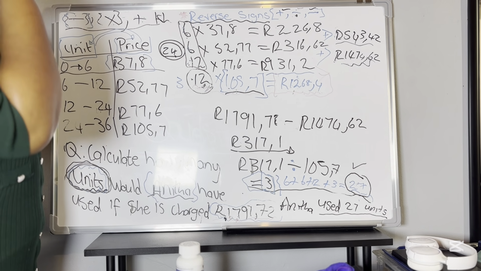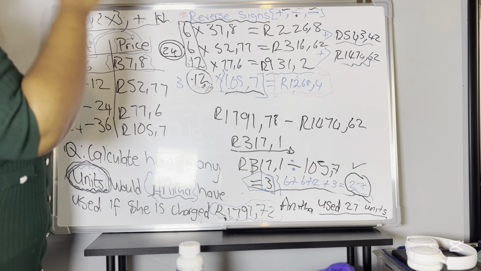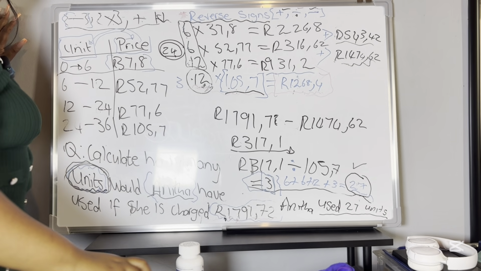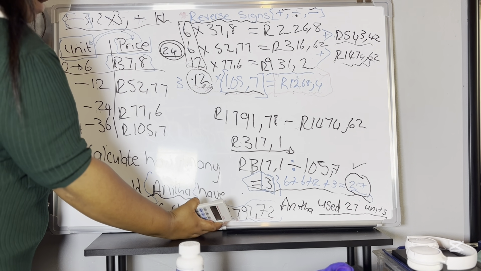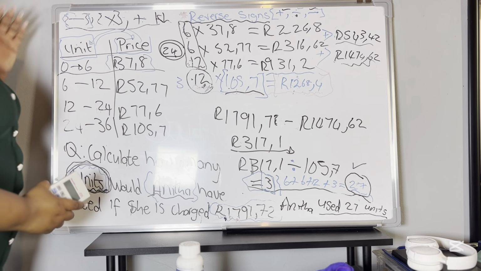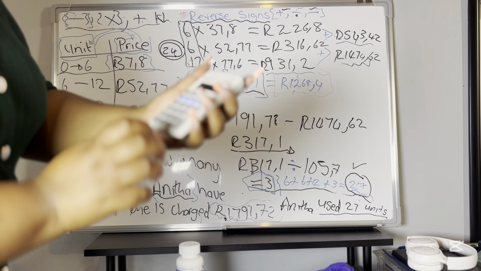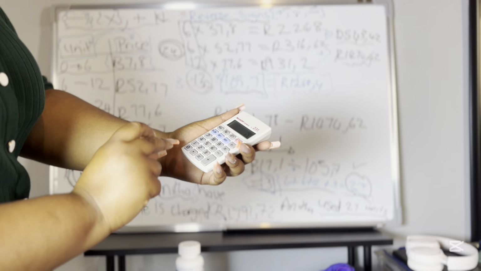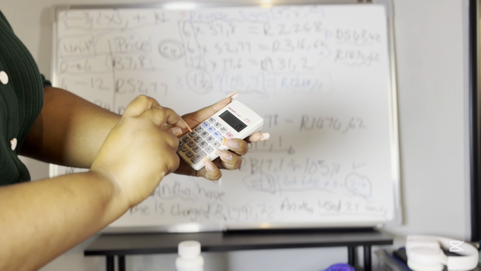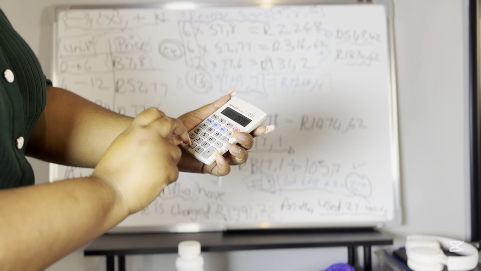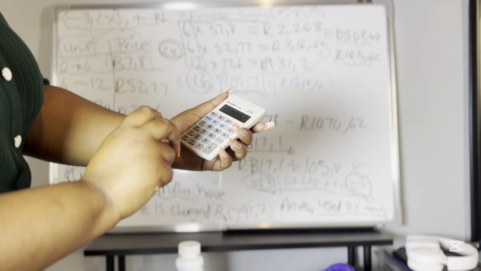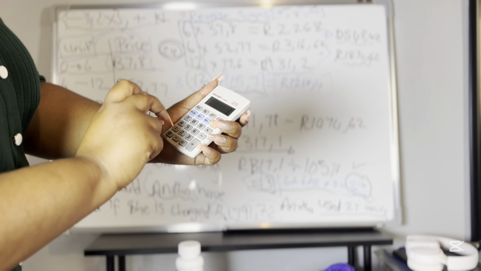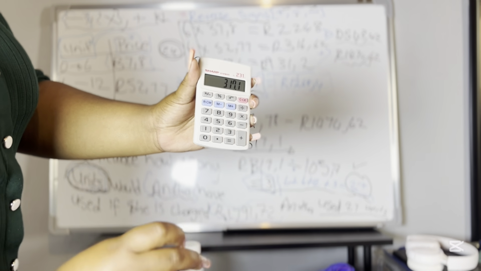we'll get 317,1. And then if we add 317,1 to 1,474, it will give us 1,791. Let's check. So it's 1,474 plus 62, comma 62 plus 317, comma 1.